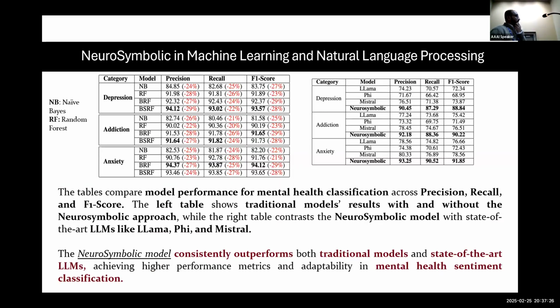What we found in this experiment was pretty interesting. If I look at this leftmost table, which is simply a machine learning model, a random forest as a simple model, we found multitudes of gains in behavior just by incorporating those weight matrices. But we also found that this strategy seems to work much better than Mental Llama, Phi, and Mistral, which were used in the same process of doing the classification on the Twitter data, right?